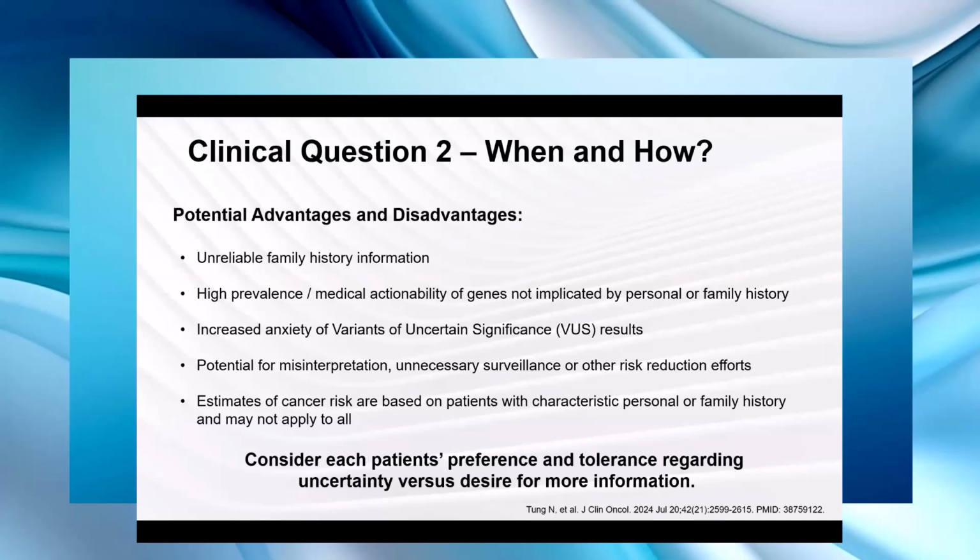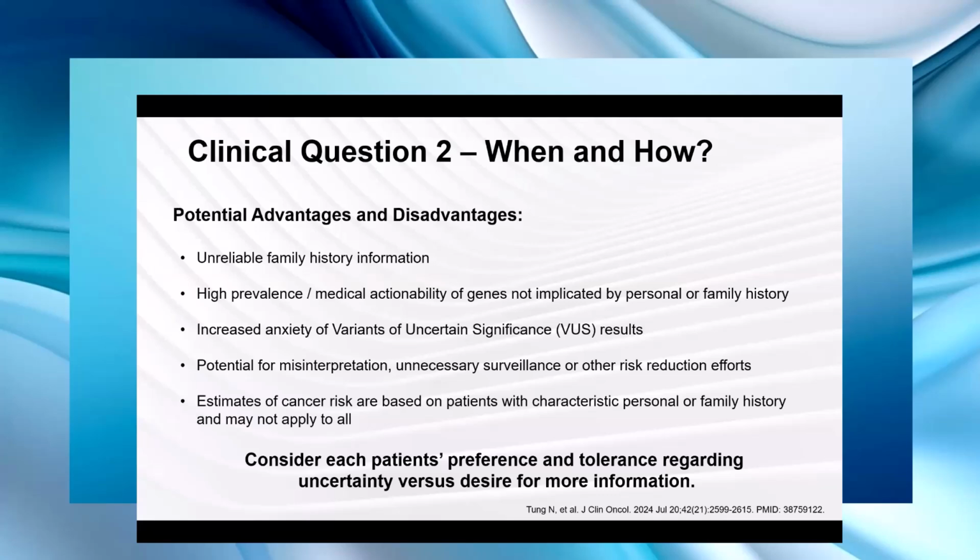One of the interesting things that came out from this recommendation as well, and we'll talk about this a little bit further when we're looking at the recommended genes from Table 1, was really related to the significant prevalence and the significant medical actionability of a few of those hereditary cancer syndromes that Dr. Shen mentioned in the beginning.